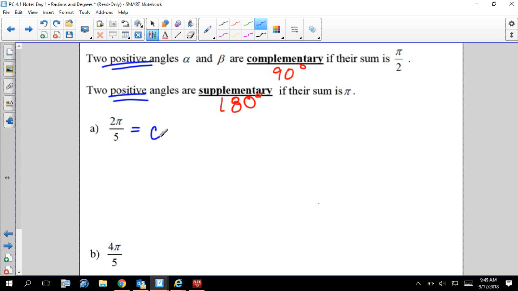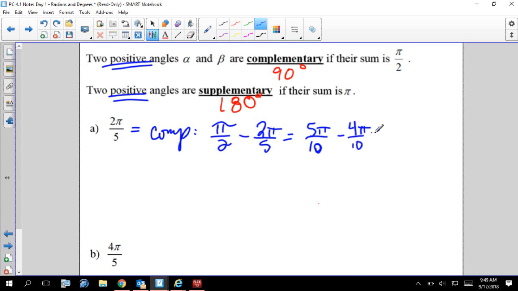So for complementary, take your sum, pi over 2, subtract off part of it, 2 pi over 5, to find the other part of it. Common denominators, 5 pi over 10 minus 4 pi over 10. 6 pi over 10.